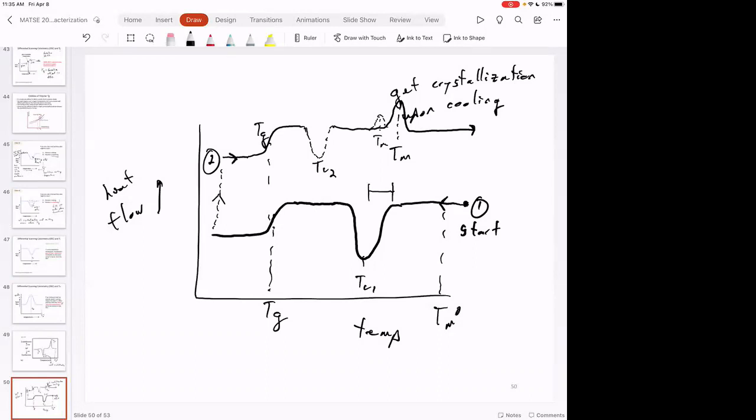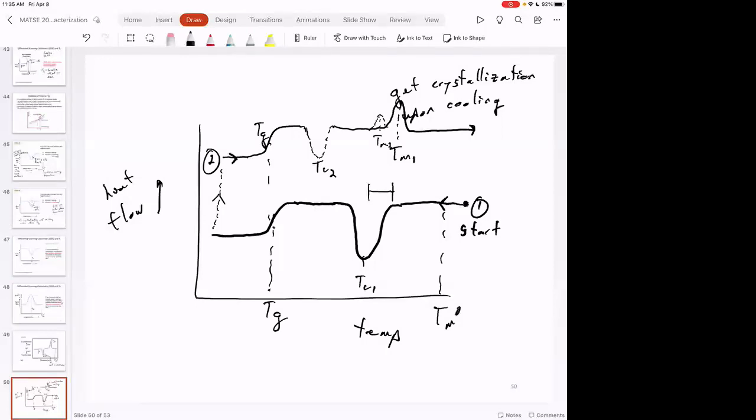Is there just going to be an equal line for those TMs up there, or is that saying it's going to be happening earlier? Oh, well, so we can assign TC1 and TC2 to different populations of crystals. So this might be TM1, where the one crystal's melted, and this might be TM2, where the second population of crystals melted.